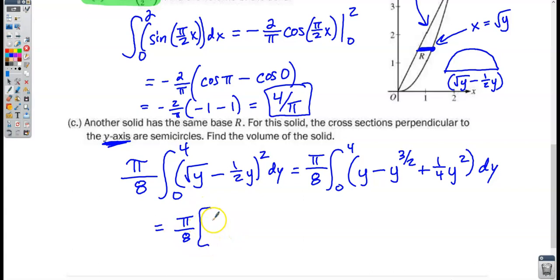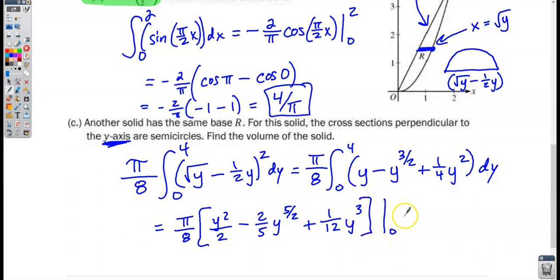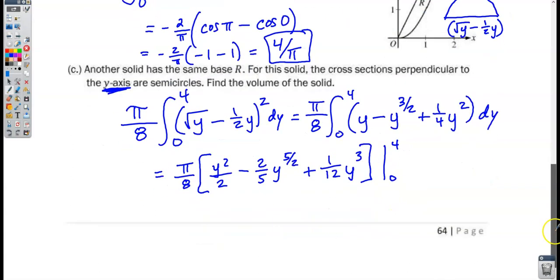It's going to be y squared over 2 minus 2/5 y to the 5/2, and then plus 1/12 y to the 3rd, which we're going to evaluate from 0 to 4.